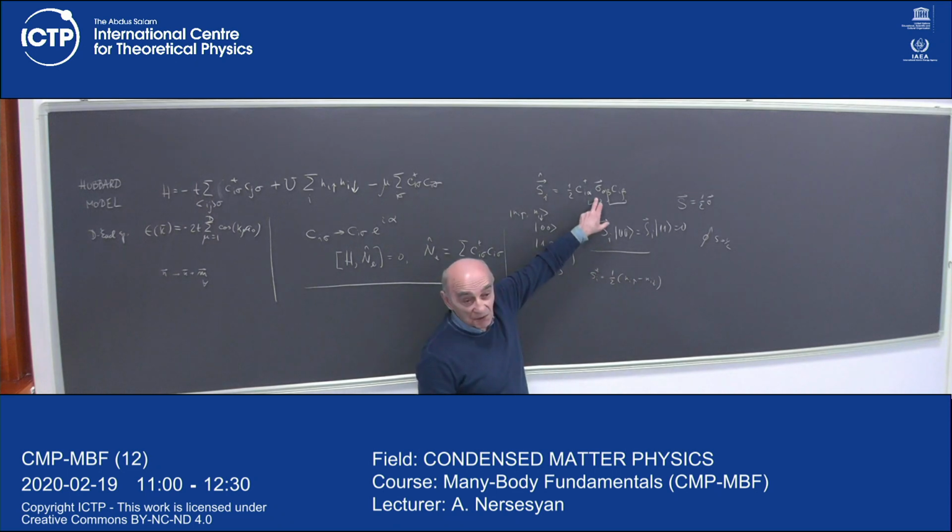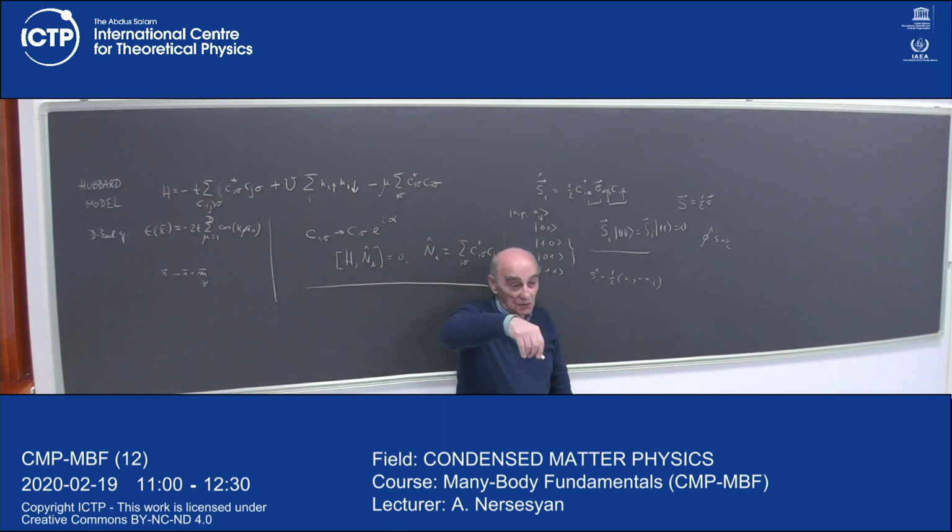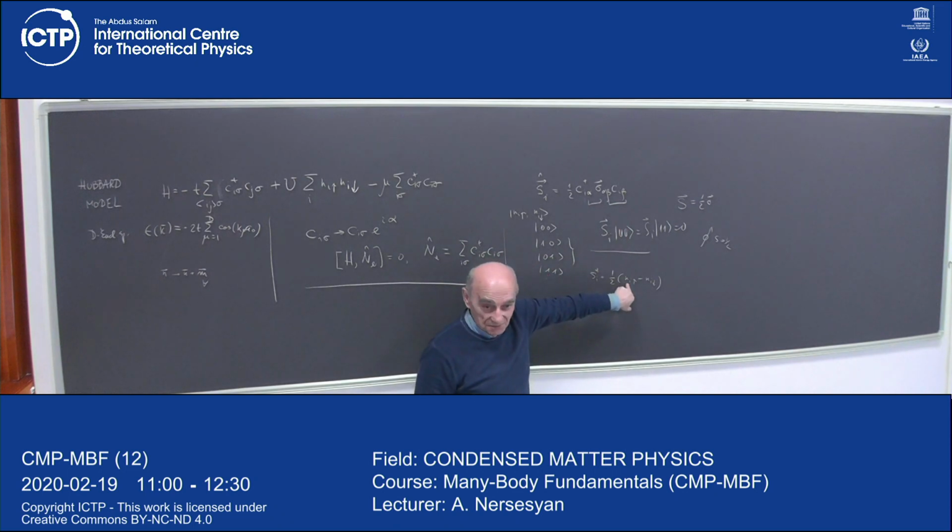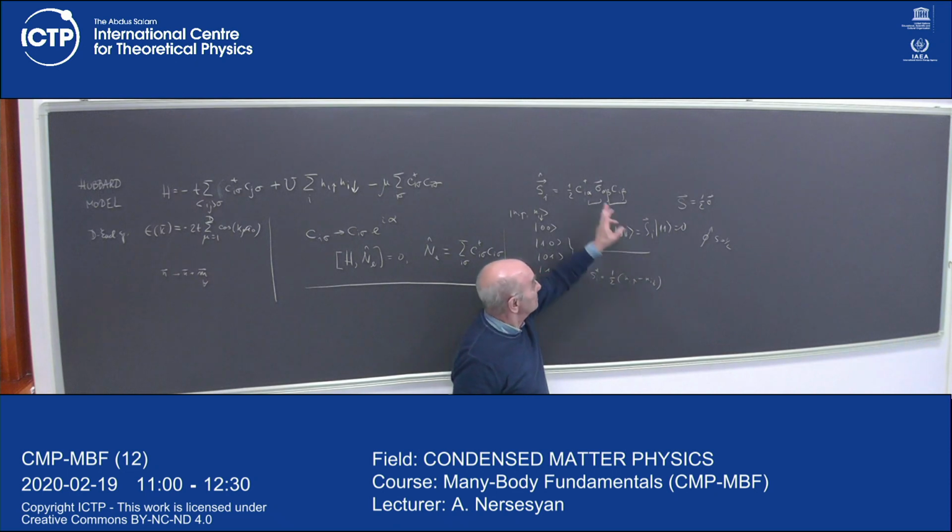I take the z component of the spin operator. It's a matrix 1, 0, 0, minus 1. Therefore, it's a diagonal matrix. Therefore, everything is diagonal in terms of occupation numbers. And the up and down enter in the way they should, and they should have minus sign because the second eigenvalue of sigma z is minus 1.